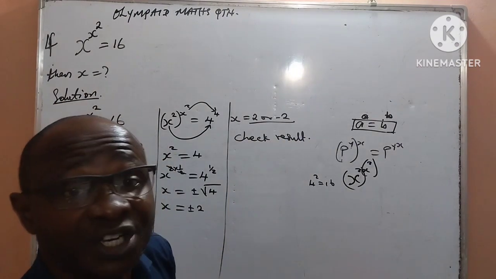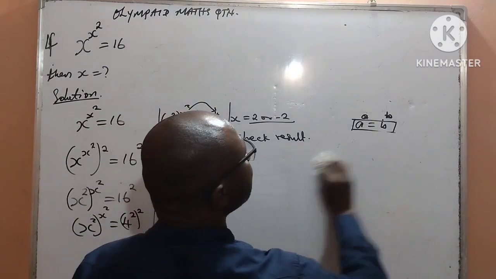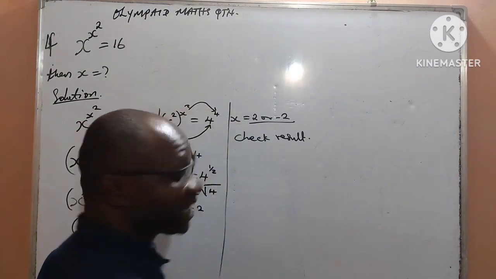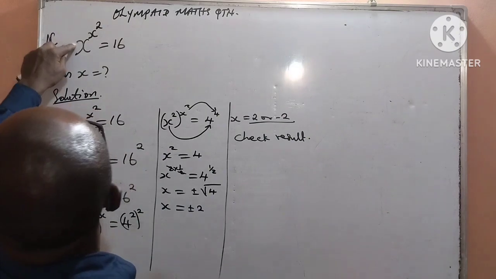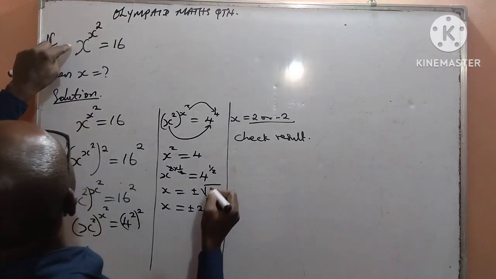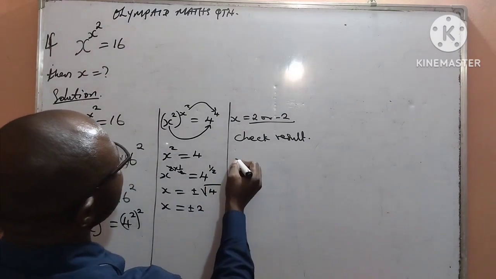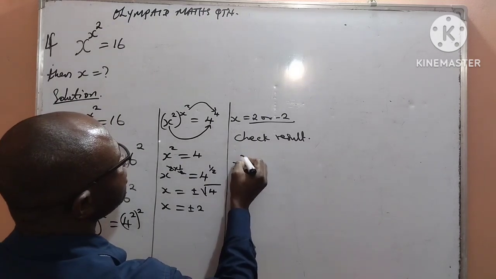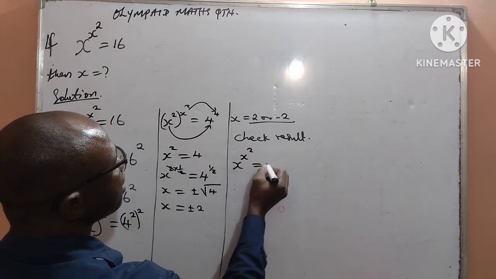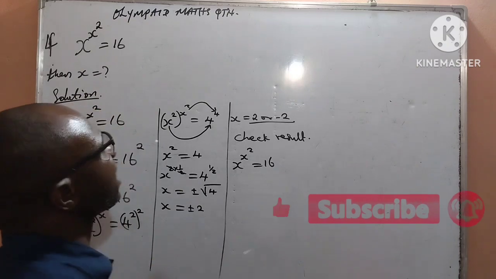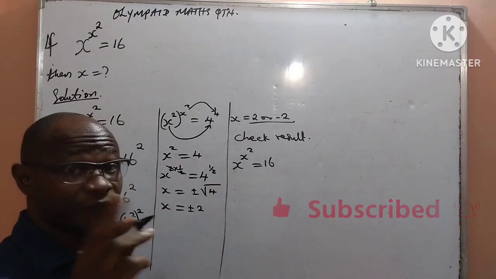So we have finished solving this problem, but we want to replace the value of x that we have gotten into the original equation to see if the right hand side will be equal to the left hand side. Therefore, x raised to power x raised to power 2 is equal to 16. I replace x with positive 2 first.